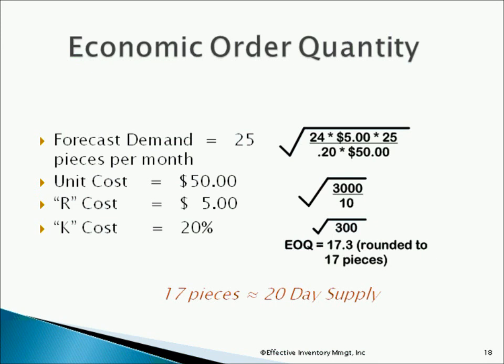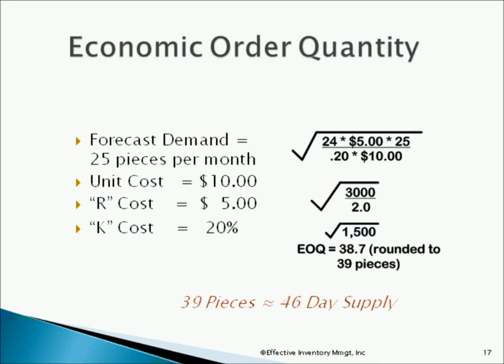I am going to put these numbers into my EOQ, my economic order quantity equation, and I get an economic order quantity of 17.3, which I will round to 17 pieces, which equates to a 20-day supply. Remember, I'm selling 25 pieces per month, so 17 pieces of the product will last for about 20 days.